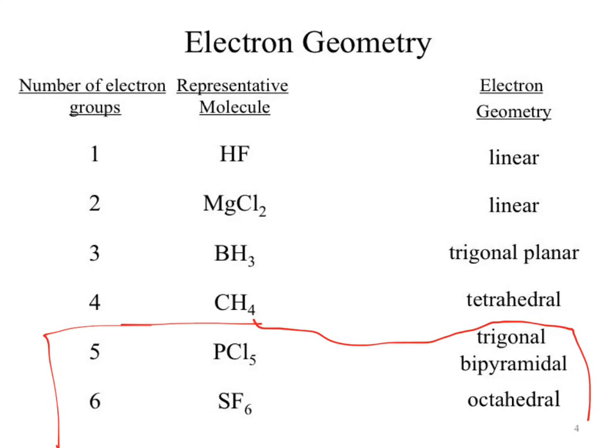So if we start with HF and we look at its electron geometry, what we would do is draw out our Lewis structure. Okay? And depending on what atom we looked at, we'd look at differing numbers of groups. Since I said there's only one group of electrons, which atom am I deciding is my center?